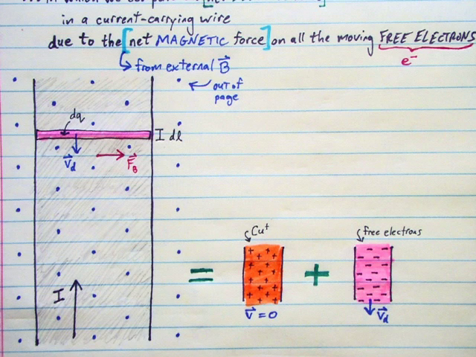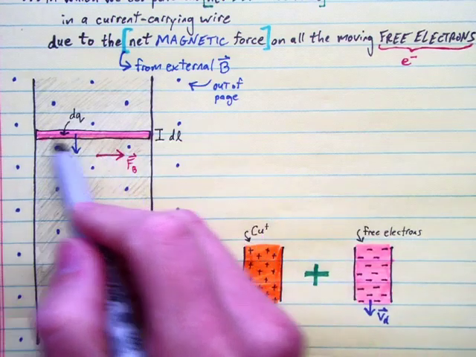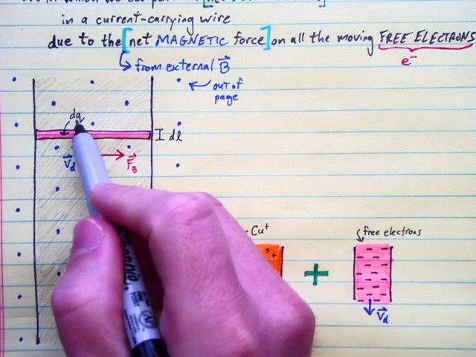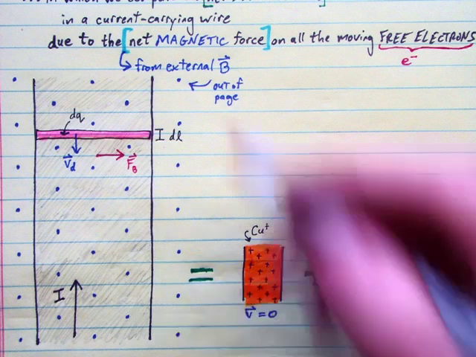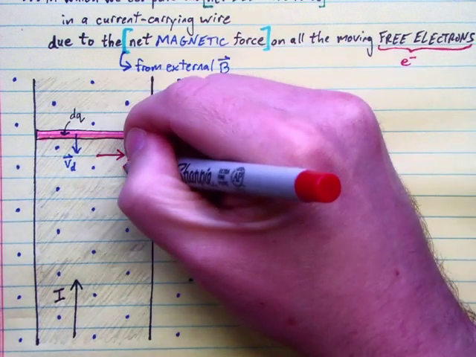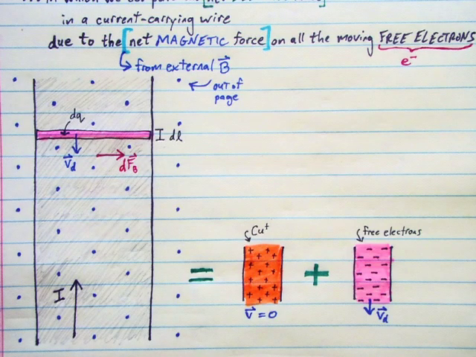Okay, let's get an expression for that. If this is an infinitesimal amount of charge occupying this infinitesimal little width of wire, then this will be just an infinitesimal force on it, dFB, a small amount of force on that little amount of charge.